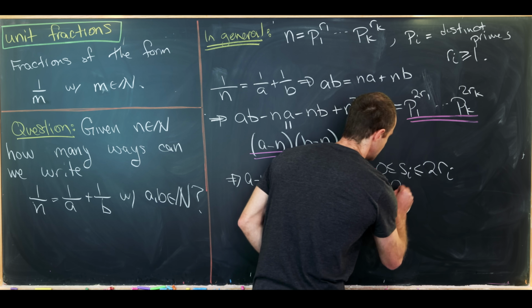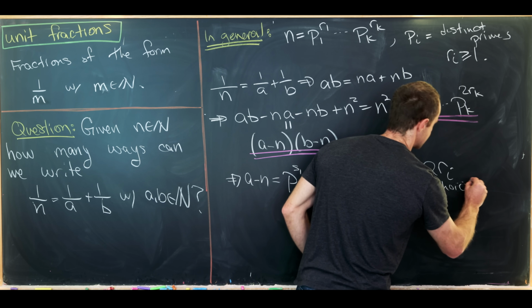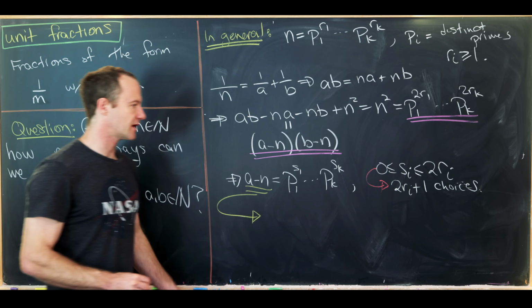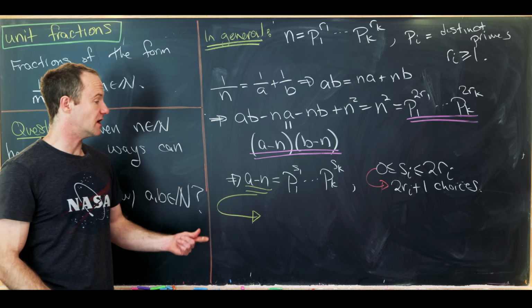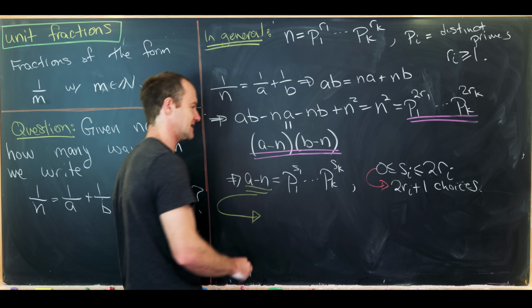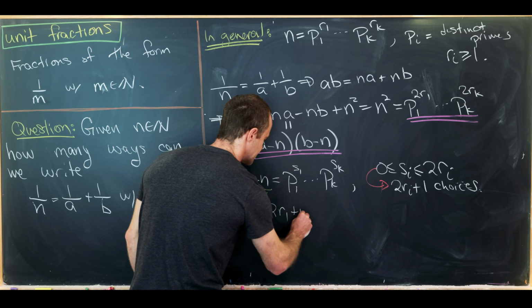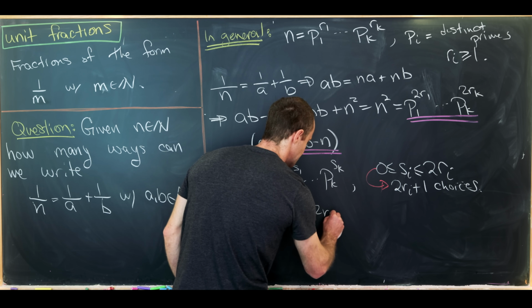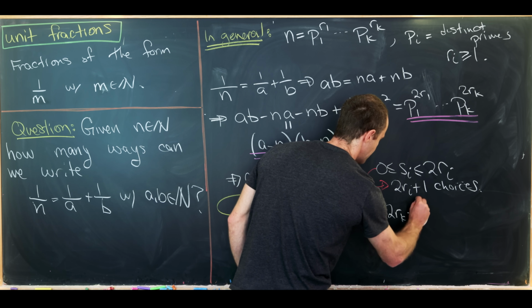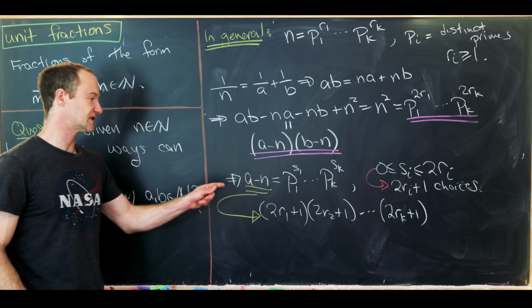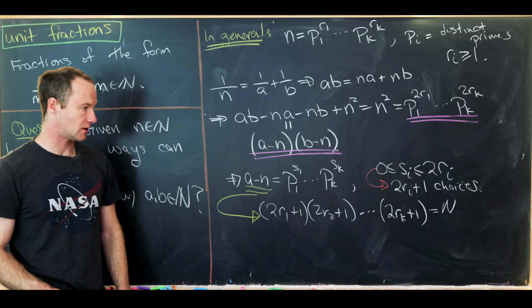Well, there are 2ri plus 1 possible choices. So that means without worrying about overcounting, there are a product of numbers like this, number of choices for a minus n. So let's write that down. So 2r1 plus 1 times 2r2 plus 1 all the way up to 2rk plus 1 total choices for a minus n. And that's without worrying about overcounting at all.